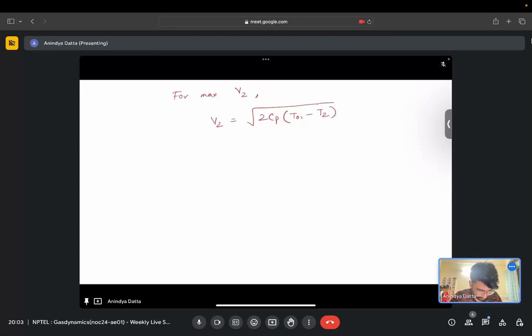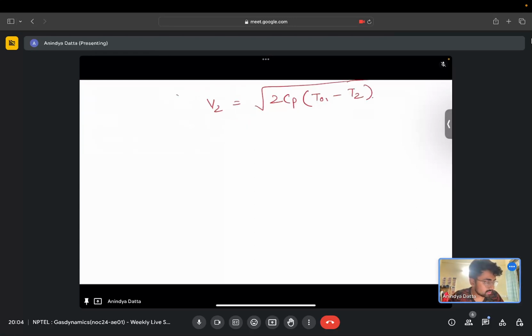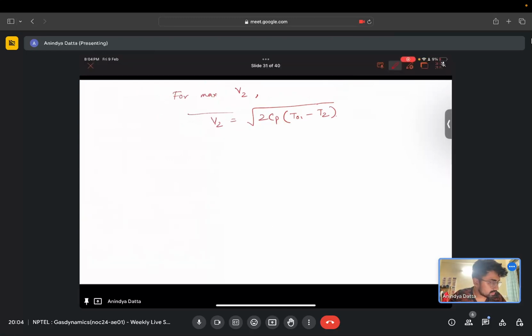So when can we get maximum V2? T2 has to be equal to 0.